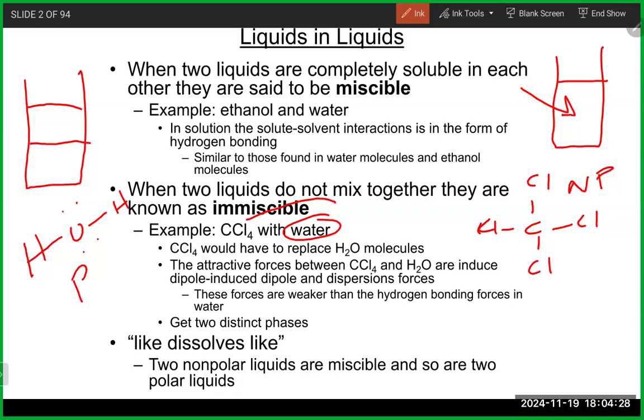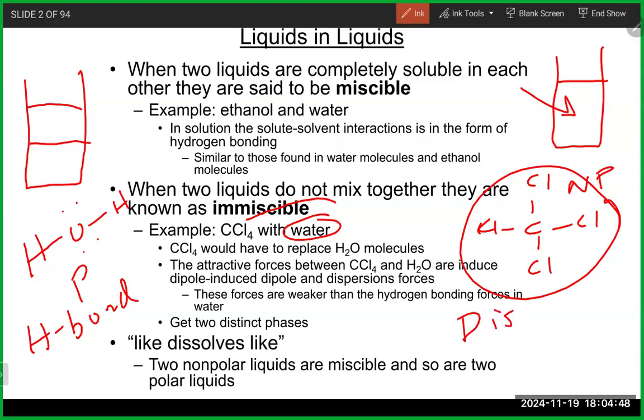So when we get a polar and non-polar molecule together, they have really trouble interacting with one another because of the intermolecular forces. As we talked about in the last chapter, water wants to roll with some hydrogen bonding. This non-polar molecule basically wants to use dispersion forces, and those are two very, very different types of intermolecular forces.